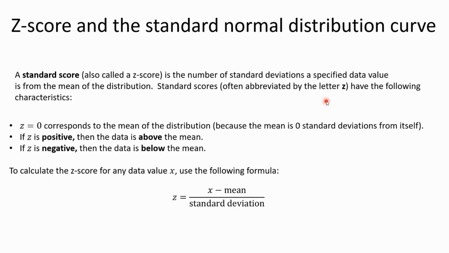Standard scores are generally abbreviated by the letter z. So with normal distributions, people will take a data value and, using this formula, convert that data value to a z-score.